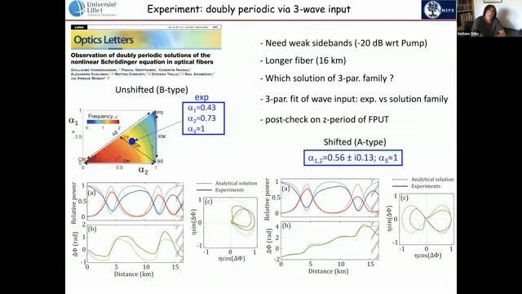This is a plane where you have one parameter, which is nearly one, alpha 3, and so you have two other parameters. In these two parameters, the color represents the frequency of the modulation. Once you have chosen the frequency, you are along one curve in this plane.